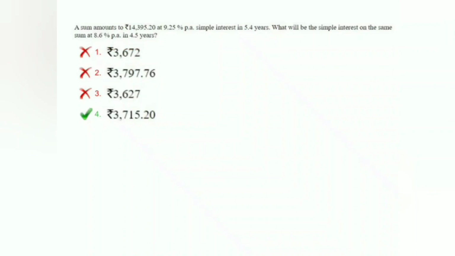This is extremely calculative. So what you have to do here is take this 9.25. 25 is generally 1 by 4, multiply it with 5.4. 9 into 5, I can say it is 45 plus 3.6 here, that is 5 by 4, which is 1.25.